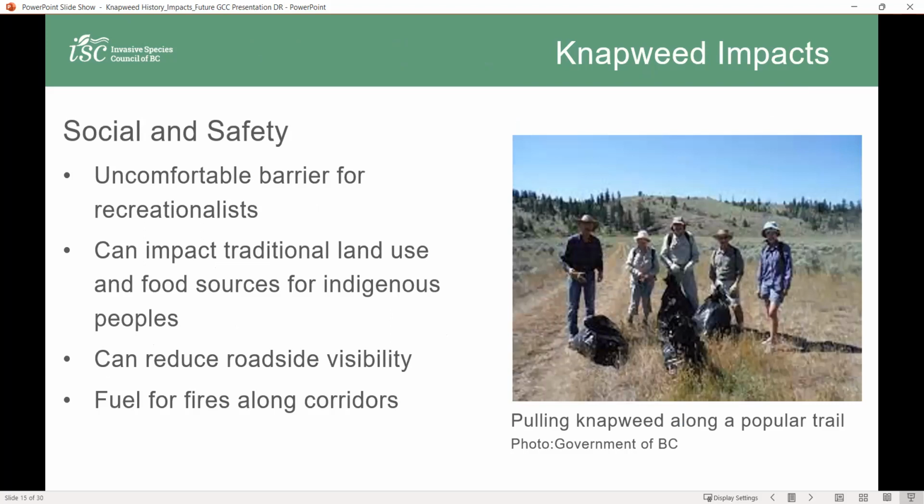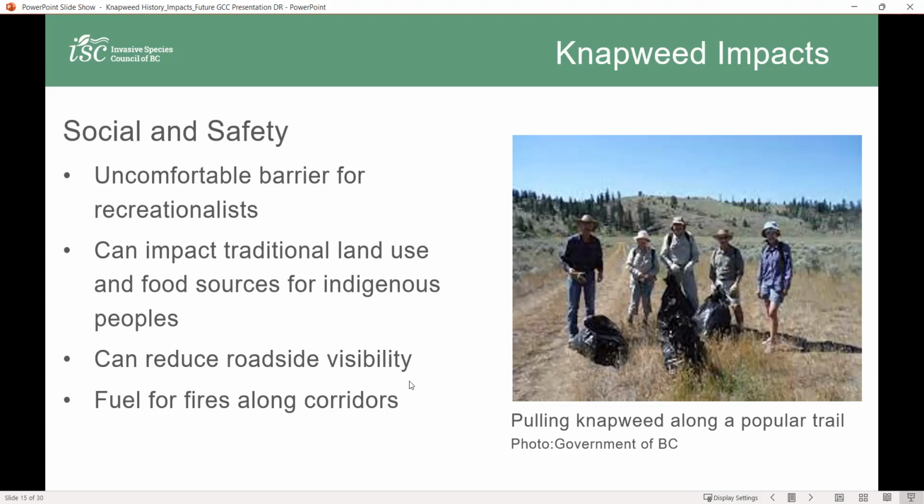So as a result of the increased knapweed populations that we've seen occur in British Columbia over the last number of decades, it's not only become an agricultural problem as it initially was and perceived to be, but it's become a problem for society and the safety. It's an uncomfortable barrier for recreationalists, impacting fishers and people that are recreating out in the natural areas.